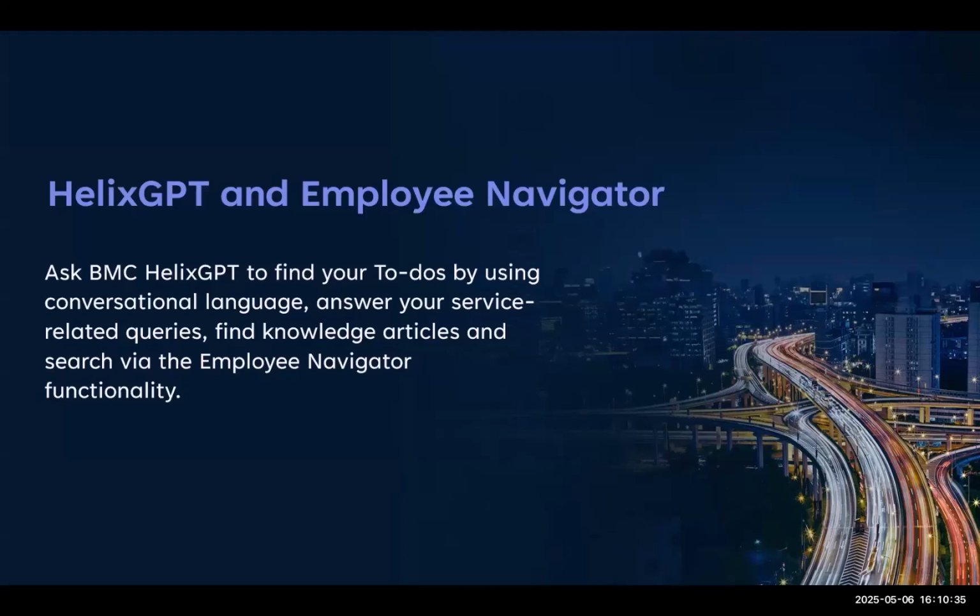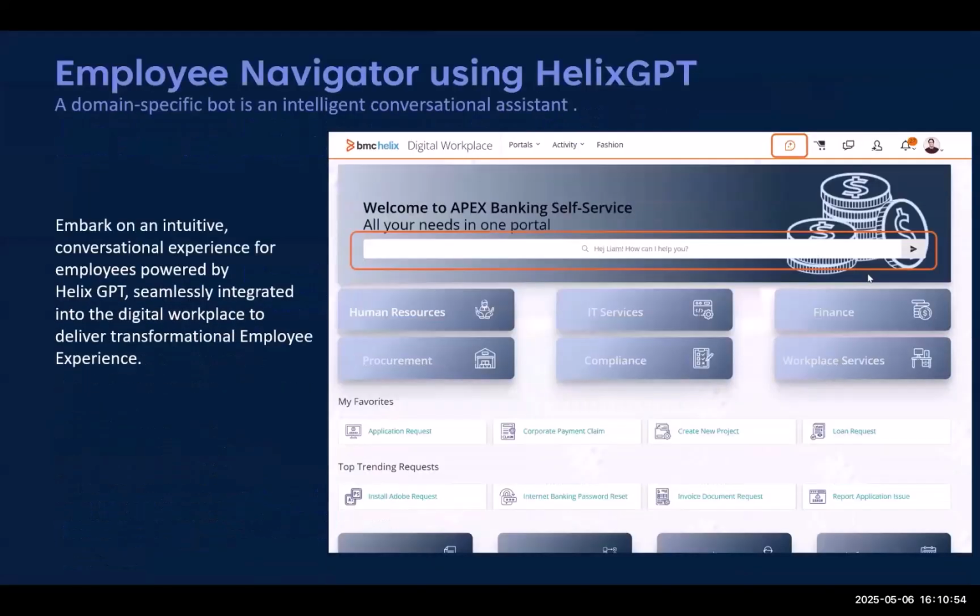Helix GPT would actually interpret the knowledge. It will still utilize the knowledge article, but it will interpret it and put it into meaningful language for the user, what the answer to their question might be, without them having to click on a link and then opening something else. And I will again show that for you.